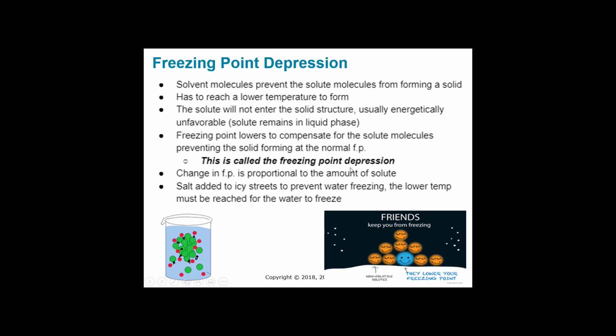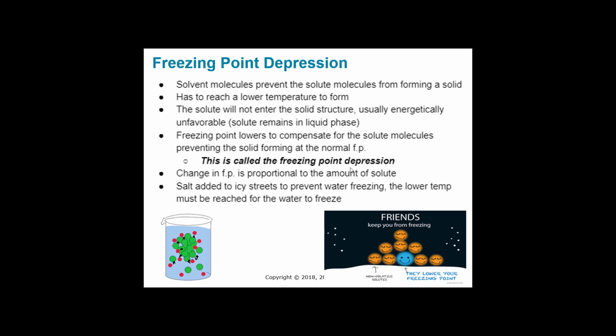So solute molecules prevent solvent molecules from forming a solid. It has to go lower in temperature, not way lower, but a couple degrees is still a big deal compared to what it normally would be. It will not allow the solvent to enter a solid structure, because the non-volatile solutes will prevent the water, for instance, the solvent, from coming together. This will lower the normal freezing point, and it's proportional to the amount of solute.